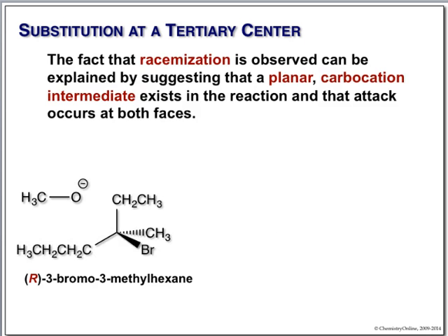This is an example of the racemization. Here I have a tertiary alkyl halide. This is the R enantiomer of 3-bromo-3-methylhexane. And I'm doing a simple reaction here, I hoped, with methoxide. If this was a simple SN2, this would come in, bromine would leave, and we would have the S isomer.